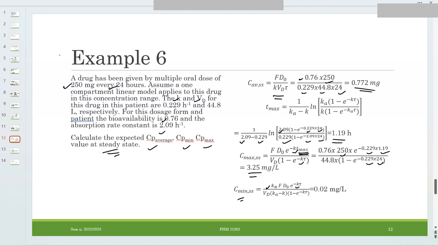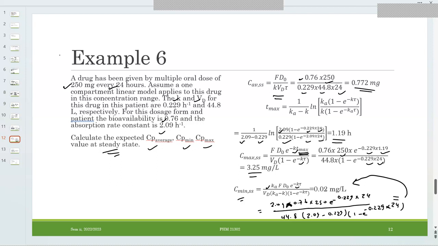So you have an equation containing both Ka and K. Just substitute again the values: Ka, which is 2.09, times bioavailability, which is 0.76, times dose, which is 250 milligram, times e to the power negative K, 0.229, times tau, 24 hours, divided by Vd, 44.8, times Ka, 2.89, minus K, 0.229, times 1 minus e to the power negative K times tau, 24.